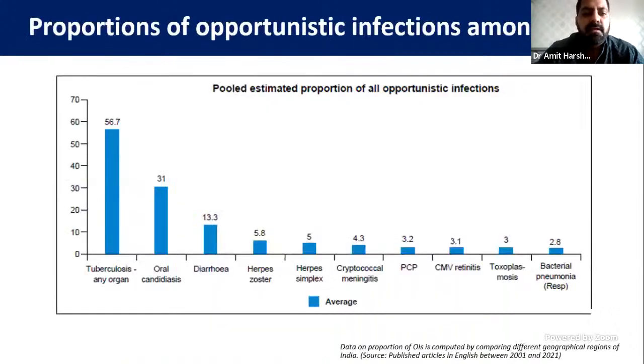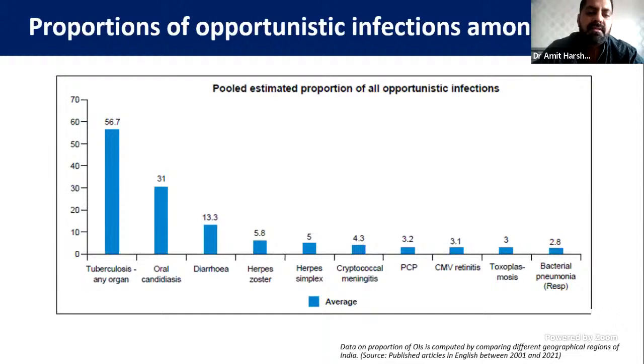In this slide, what you're seeing in the guidelines is the pooled estimate of proportions of all opportunistic infections. It is given as one data point, but there is definitely a range involved.